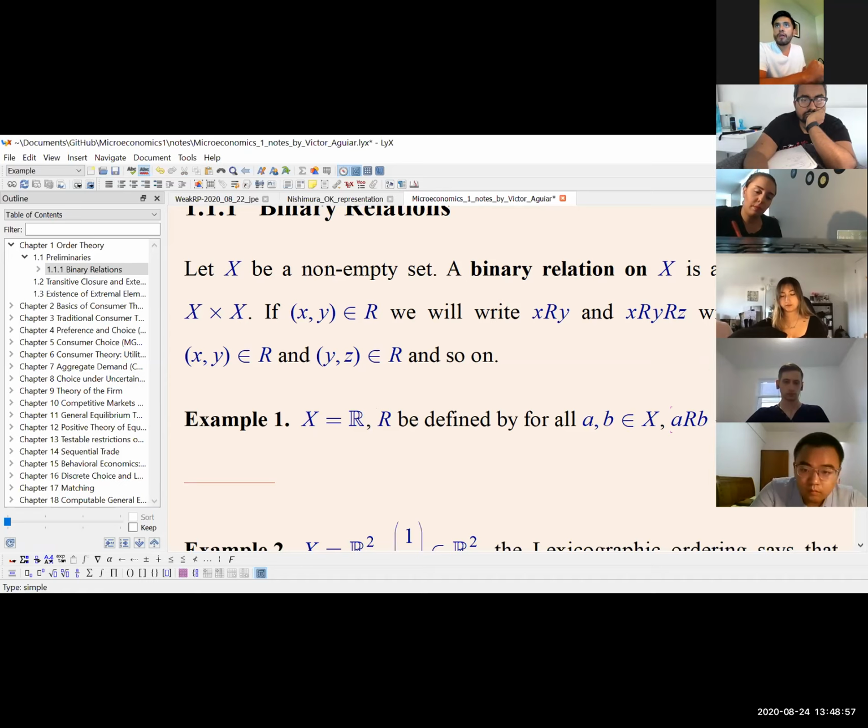Think about money: most people like more money to less. So it's reasonable to say the order in this particular space, which is just the reals, money, is the greater than or equal order.